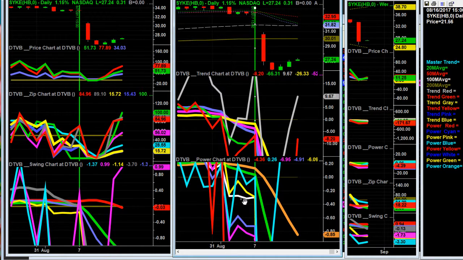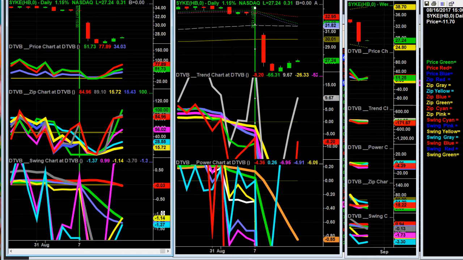And then, of course, you got all the divergence that I talked about between yellow and white and between pink and blue. And we also have, I'm not sure if we have a little bit of divergence between zip red and zip gray.